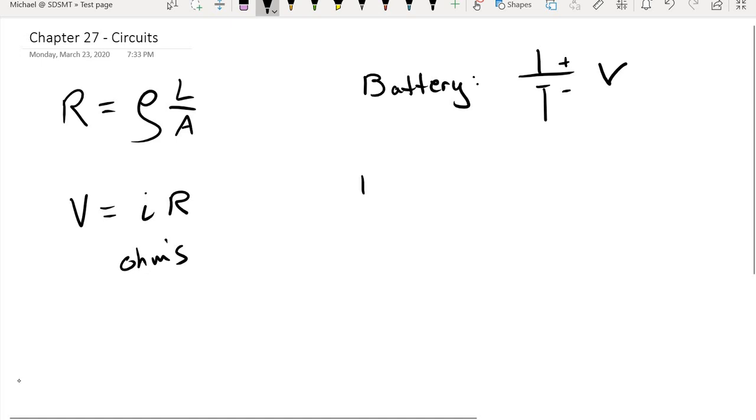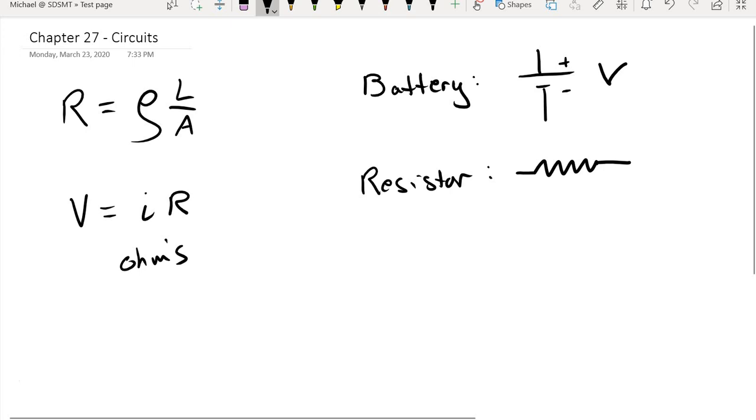We also need a symbol for resistors, and those are the zigzag lines. These can be drawn horizontal, vertical, sideways, however you want. It's really important, though, that we draw these circuits in such a way that we can keep track of things.